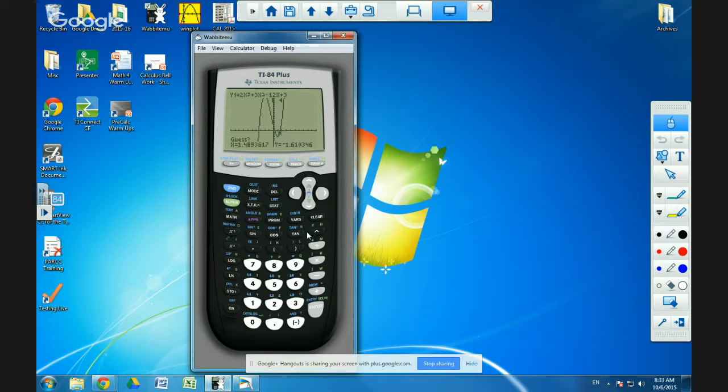And then I need to put my cursor where I think it actually occurs, as close as I can get it. Then I hit enter, and it gives me my minimum at 1, -4. Got it? Or do you need help?